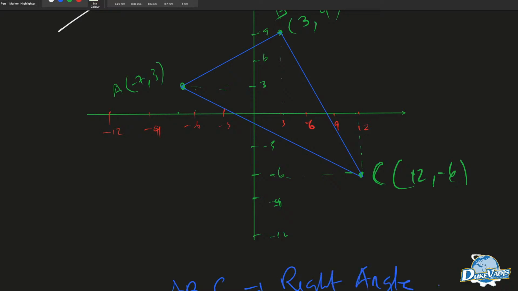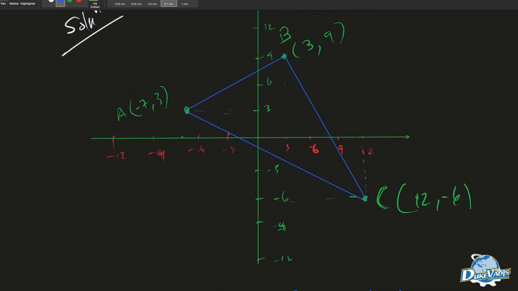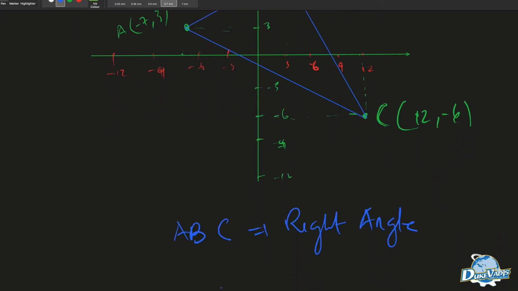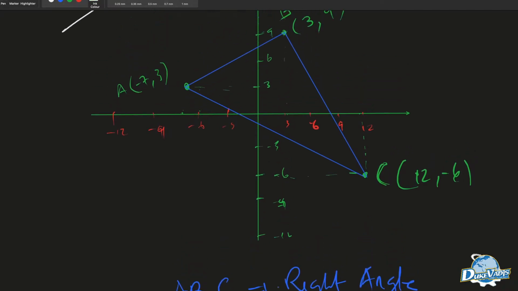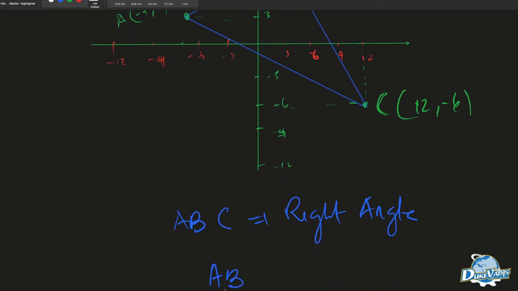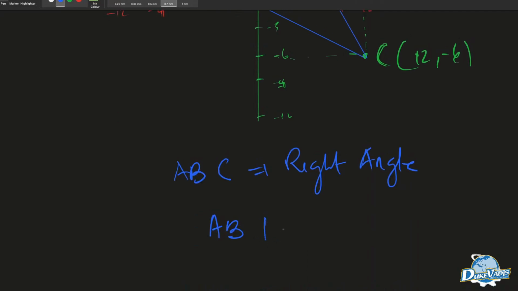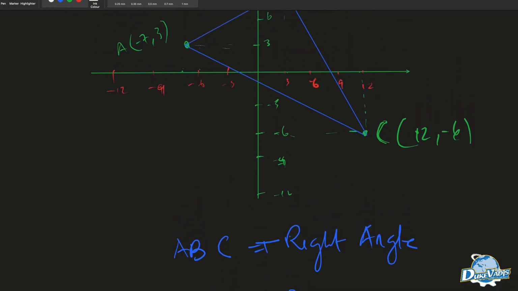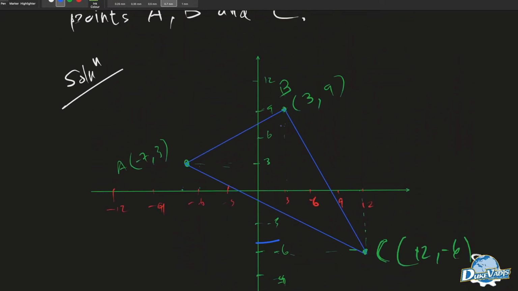For ABC to be a right angle, the angle between AB and BC should be perpendicular. It should be 90 degrees, roughly somewhere here.